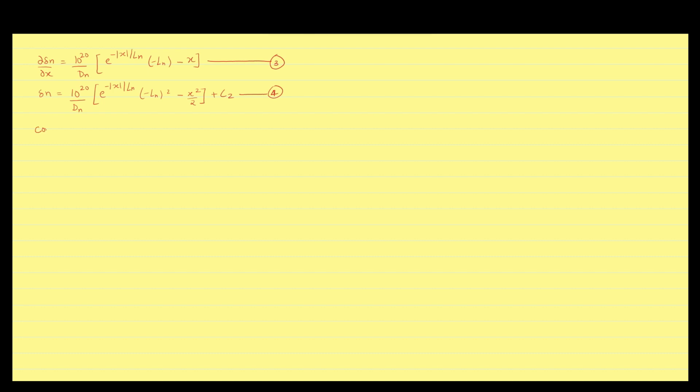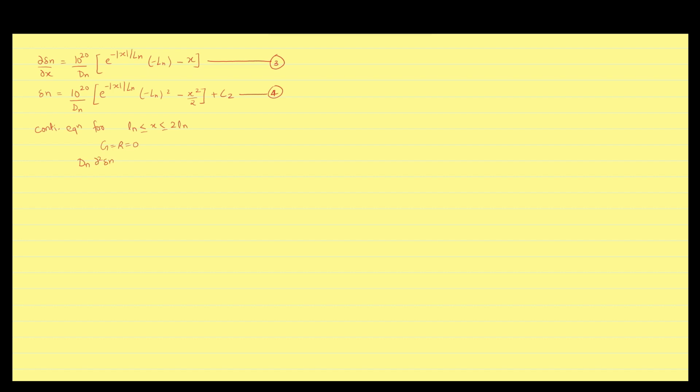Now we will write the continuity equation for region x greater than Ln and smaller than 2Ln. You can see from the graph that generation rate and recombination rate both are equal to 0.